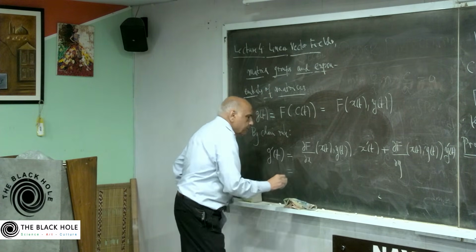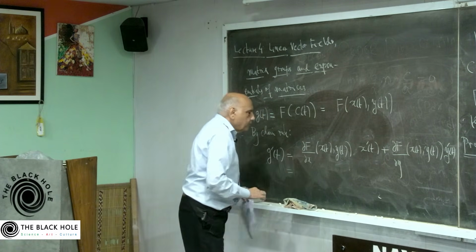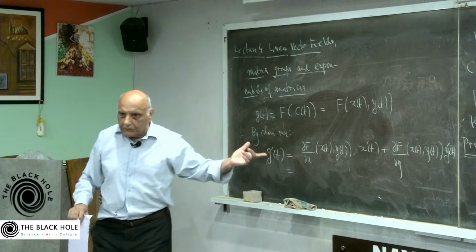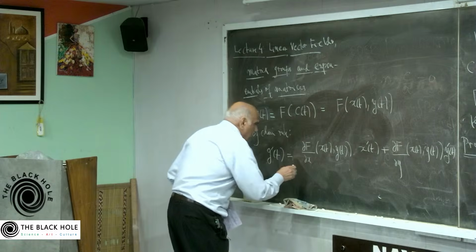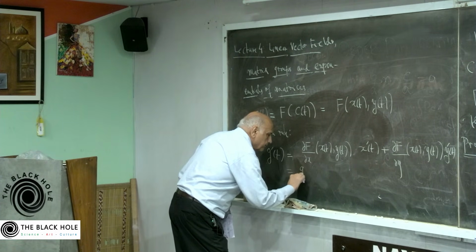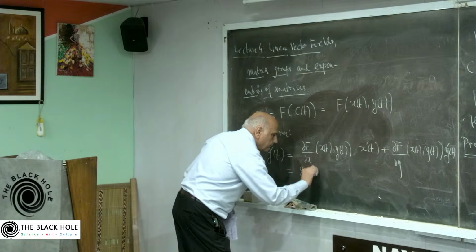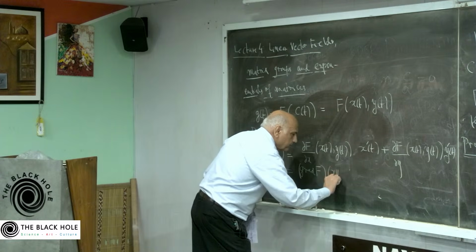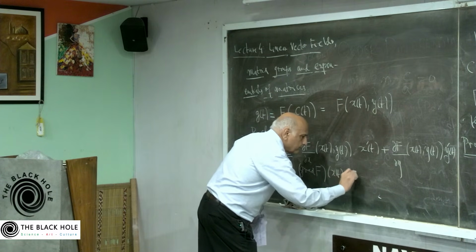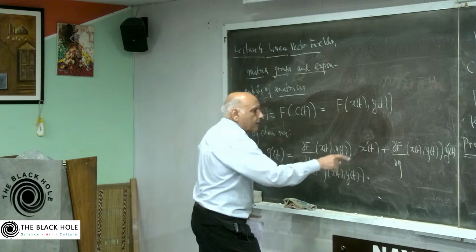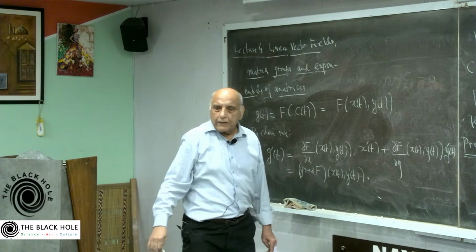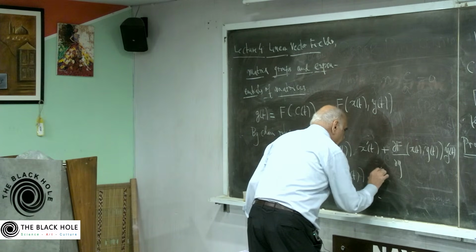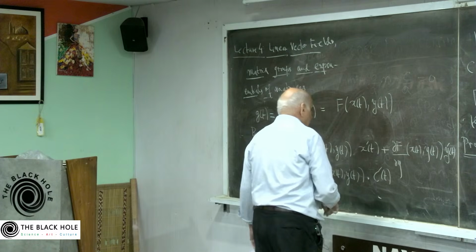This is the same as, what's partial f by partial x, partial f by partial y? That's the gradient of the function, right? So this is gradient of f at x(t), y(t) dot x prime t and y prime t, which was c prime t. Right?